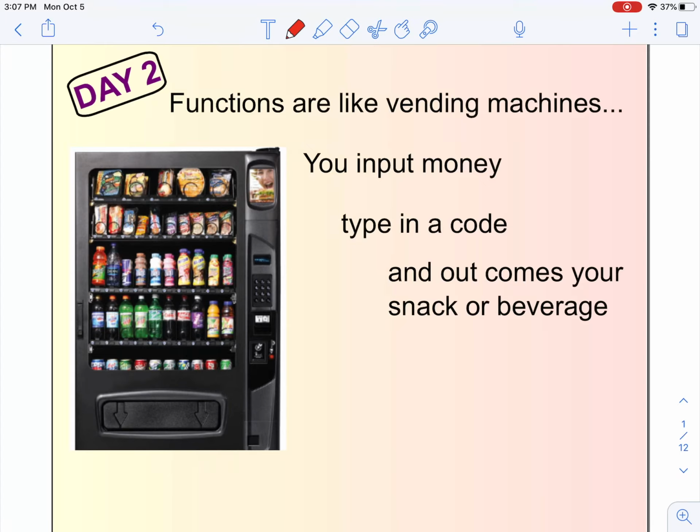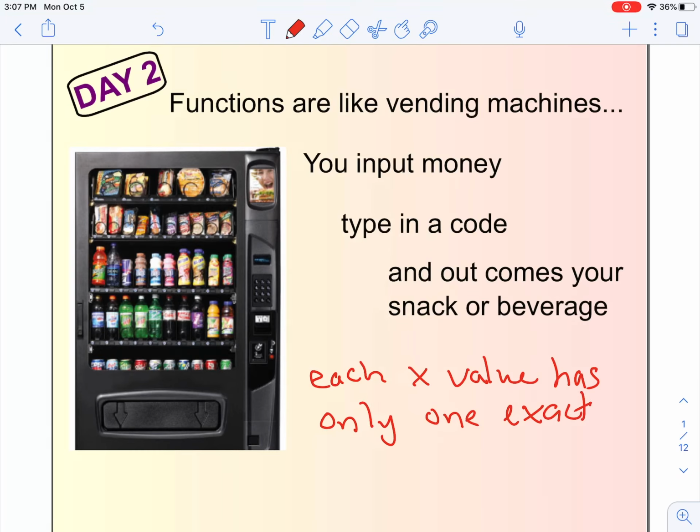Functions are kind of like vending machines. You input money, you type in a code, and out comes your snack or beverage. So in other words, remember in a function that each x value has only one exact y value.